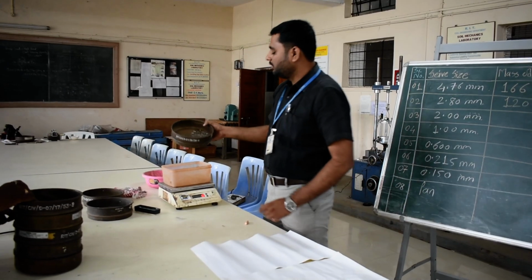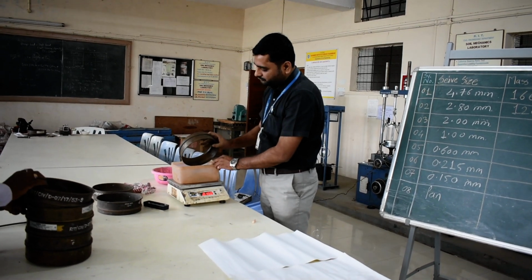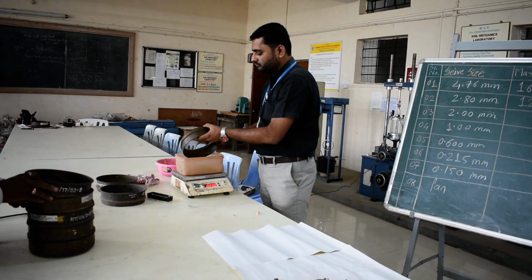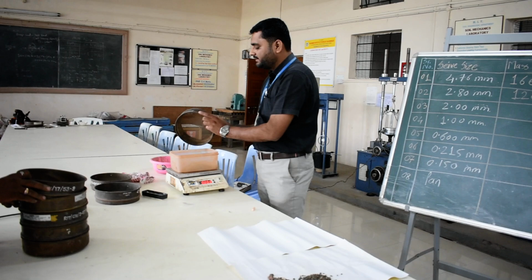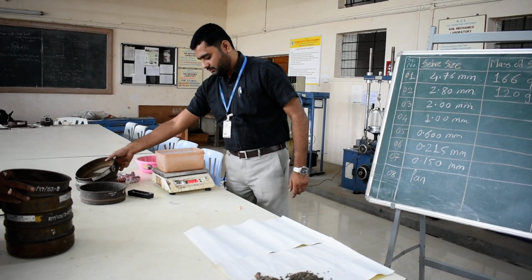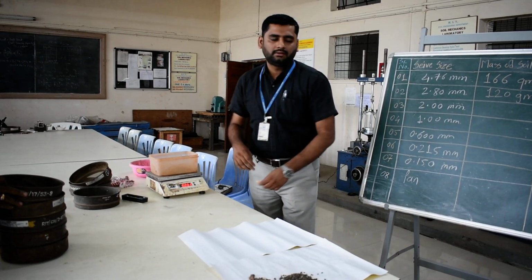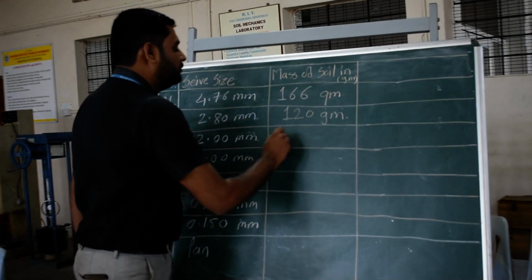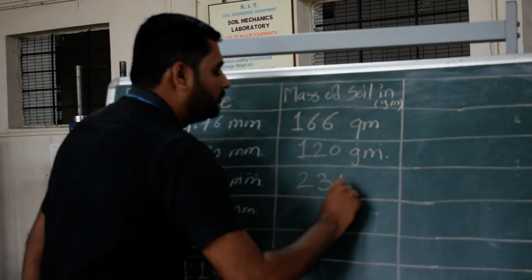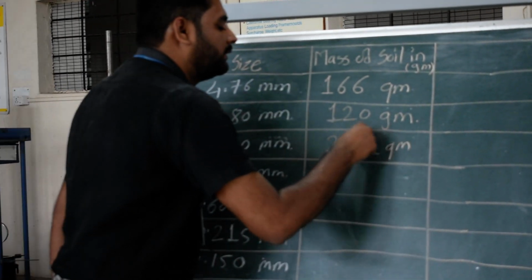Then the third sieve is of 2 mm. We have to collect each and every particle. It is 231 gram. So above 2 mm, 231 grams.